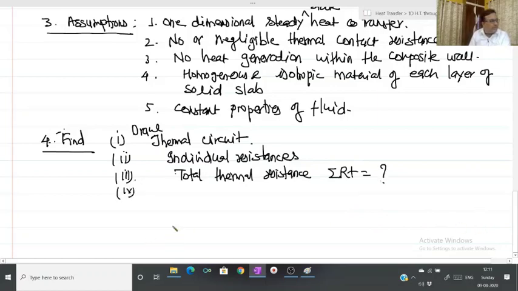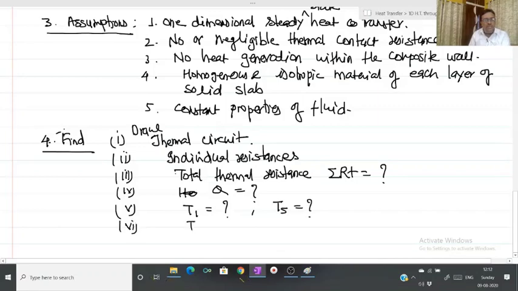Fourth, it is asking to calculate Q, that is the heat transfer rate. Then it is asking to calculate the interface surface temperatures of the left and right material, represented by T1 and T5. Then finally, the problem is asking to calculate the interface temperatures T2, T3 and T4.